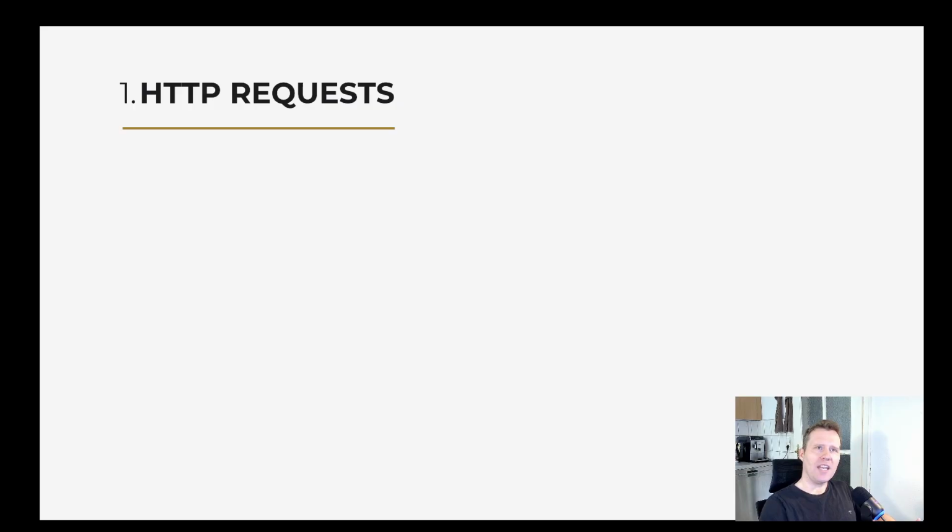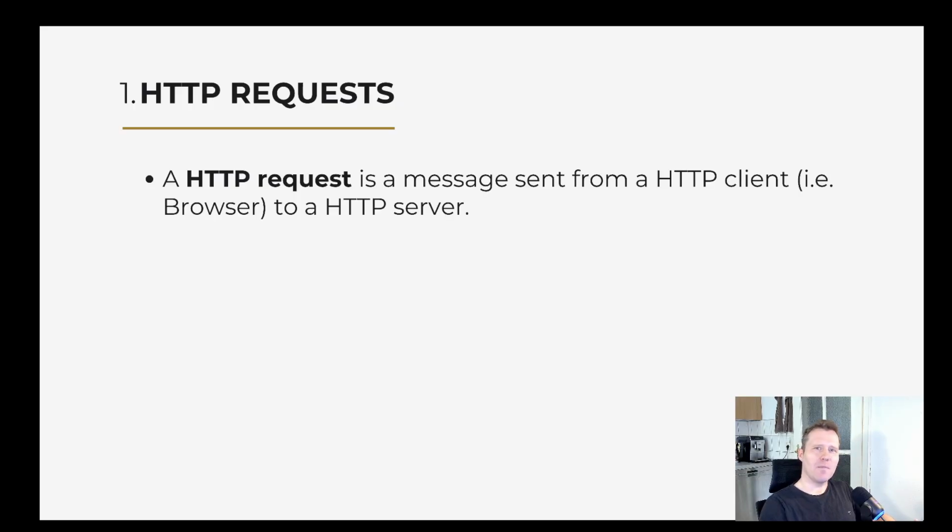So HTTP requests are like messages that are sent from an HTTP client to an HTTP server. And popular examples for HTTP clients are browsers. For example, Chrome or Chromium or Edge or Comet.